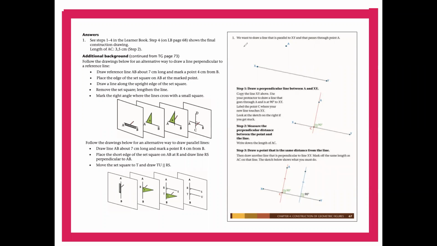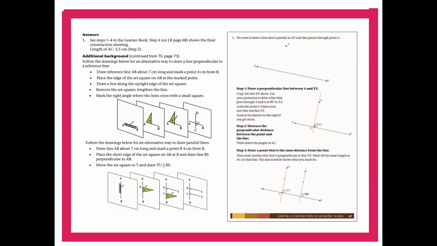Okay, so number one, we want to draw a line that is parallel to XQ and that passes through point A. The first step is to draw a perpendicular line from A to XY. You take your protractor and measure 90 degrees at A using XY as your baseline, and then draw a straight line going down.